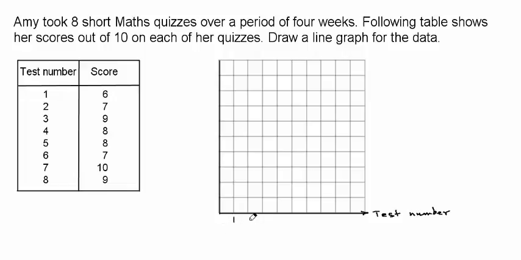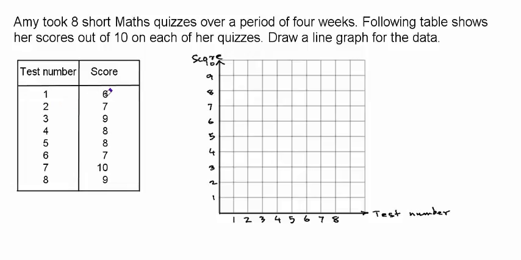Test 0 doesn't have any meaning. So we have 1, 2, 3, 4, 5, 6, 7 and 8. And on the y-axis we have the scores. 1, 2, 3, 4, 5, 6, 7, 8, 9 and we just managed that 10.